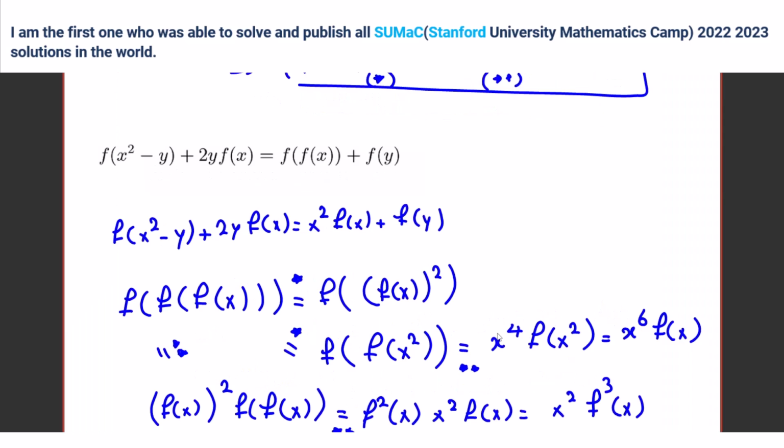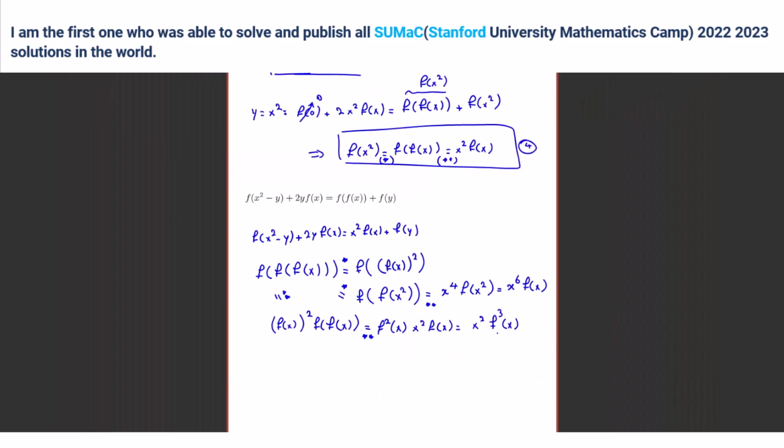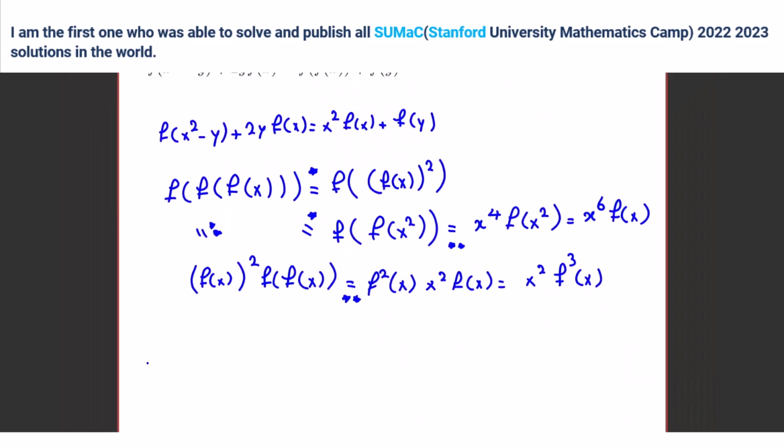Now we can conclude what is equal to what? x squared f squared of x f cubed of x equals x to the 6 f of x.